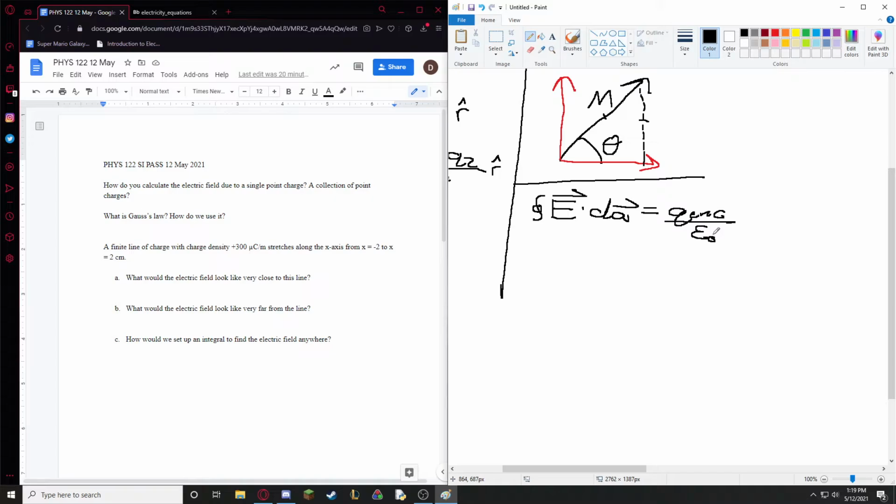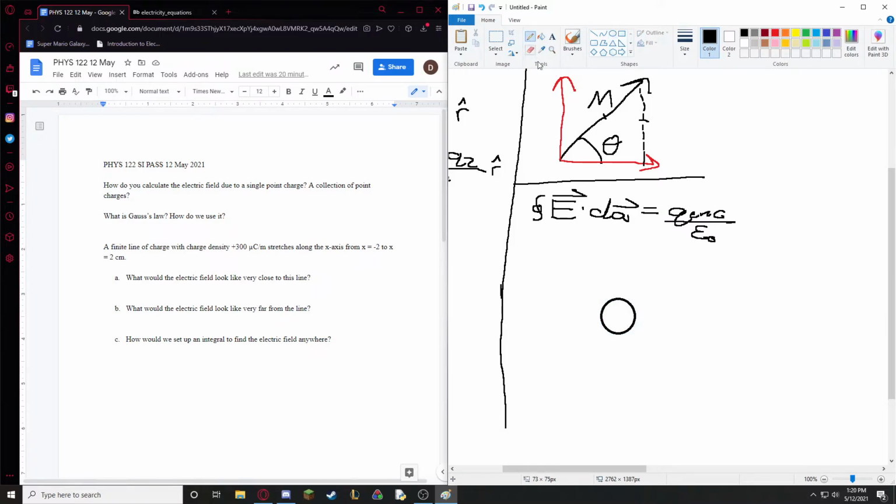When it's symmetrical. Exactly. What are our three types of symmetry? Spherical, cylindrical, and planar. Exactly.